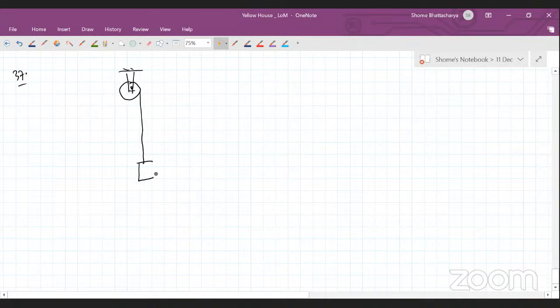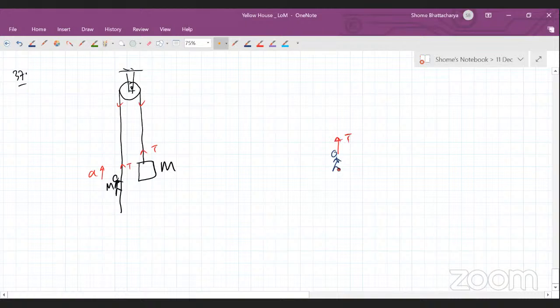Okay. So what is happening is you have a block of mass m on this side, and on the other side you have the monkey of mass m. Now suppose the monkey starts climbing such that it has an upward acceleration of a. So that means the tension in the string which is acting on the monkey is larger than its weight, no?